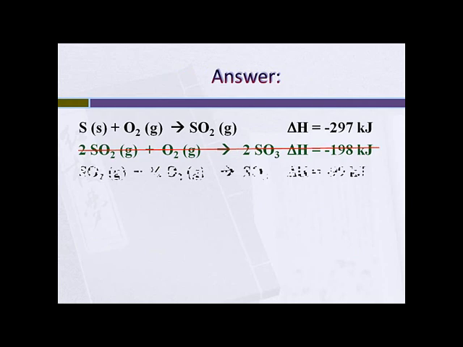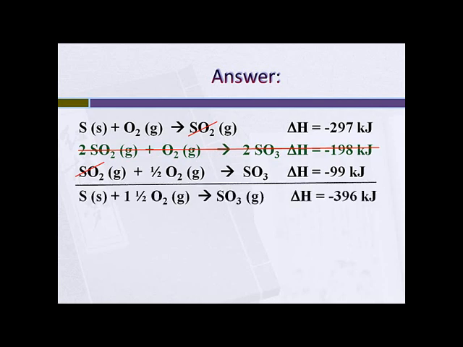But we don't want 2 SO3s, so we write that reaction by dividing it in half. And you notice that the heat value is cut in half. And then you'll see that the SO2s cancel, and you end up with a final reaction of S plus 3 halves, or 1.5 O2s, produces the SO3. And the delta H for this reaction is negative 396 kilojoules.